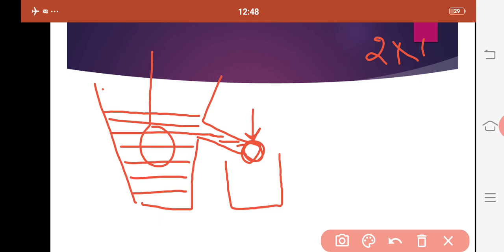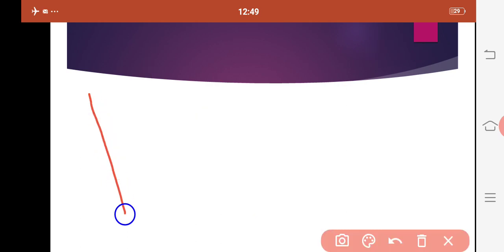Now let us remove this stopper, and water is coming out into this bucket. Now the figure will be like this. When the water comes out from the spout, it will be like this.